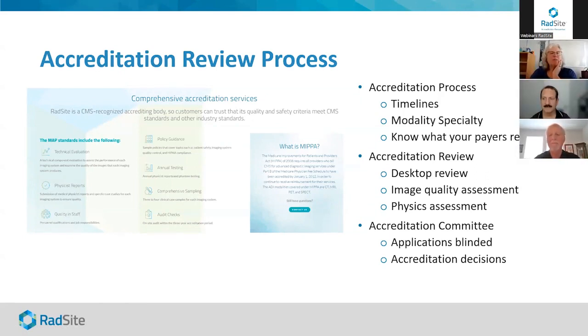So the review process, I want to discuss the accreditation process, whether you are applying for the first time or for the second, third, fourth, fifth time. The biggest thing is to always know what your current accreditation expiration date is, whether it's with us or with one of the other accrediting organizations.